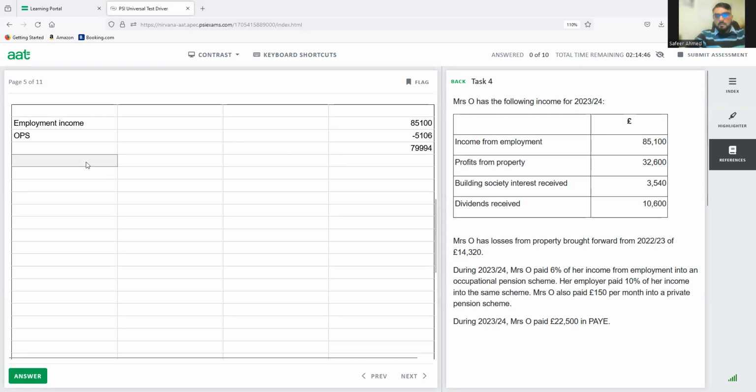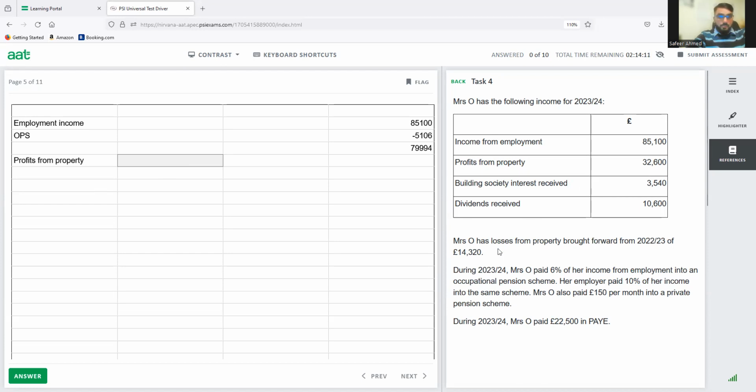The next income is profits from property. Now you can write either profits from property or property income, but I tend to use the same wording as it is given in the question, so I won't change that. The key thing to notice here is that profits from property are given to us, which is 32,500. But there are some property losses brought forward.